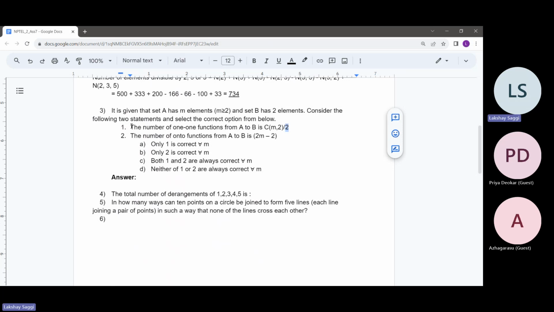So this is statement 1. And statement 2 says the number of onto functions from A to B is 2 raised to the power m minus 2. So we need to answer which of the following statements is correct: only statement 1 is correct, only 2 is correct, both are correct, or neither of them is correct.